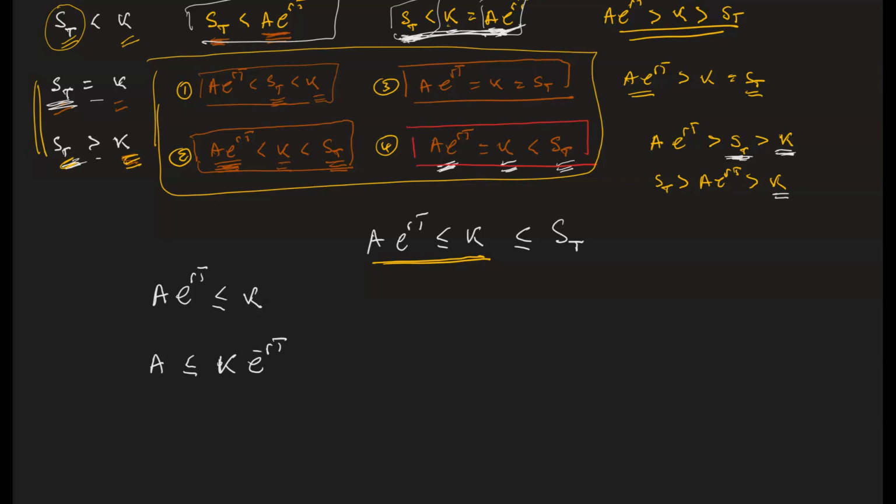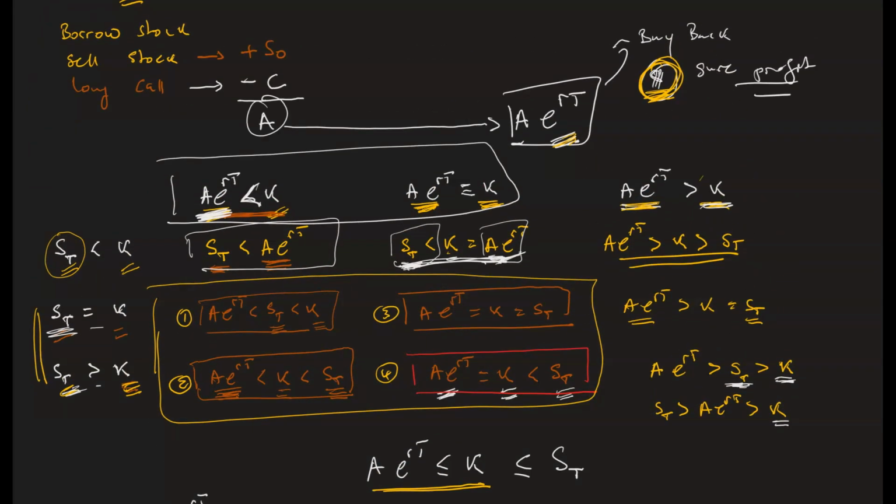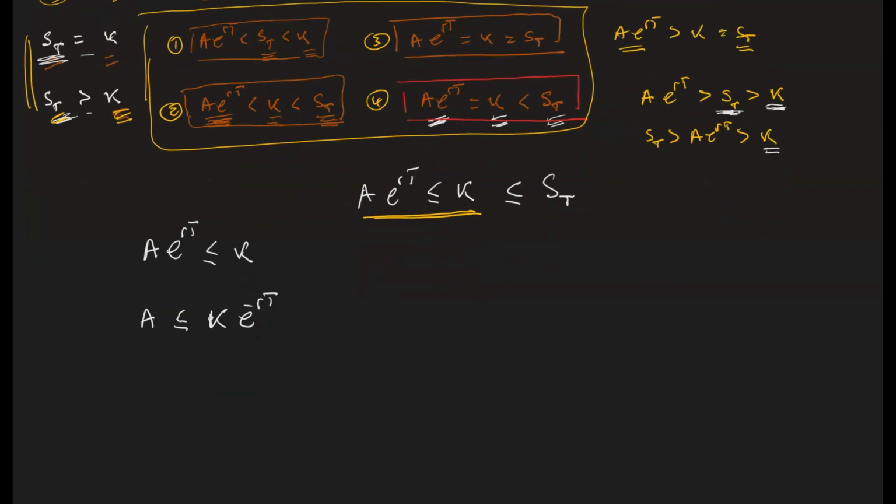All I did is multiply by the present value factor. And what was A before? Well, A was what we had left after we purchased the stock and we essentially spend money to buy the call option. So A is going to be equal to stock minus call, less than or equal to the strike present value.